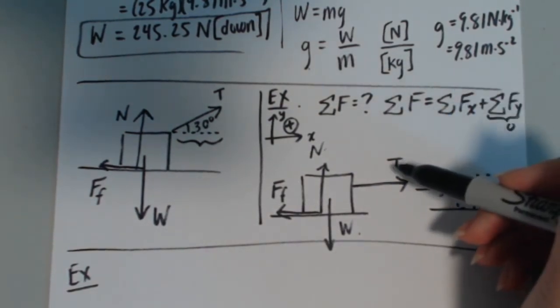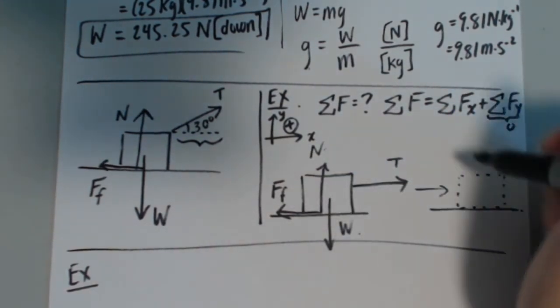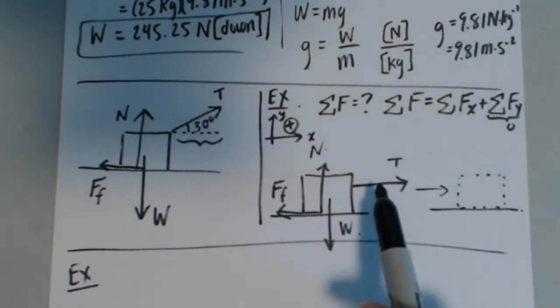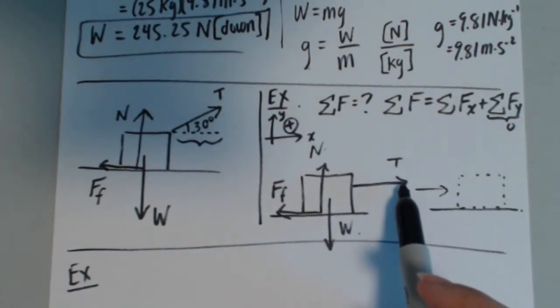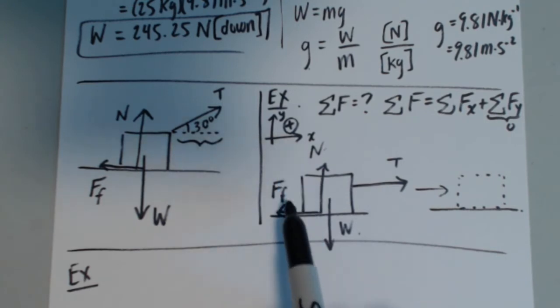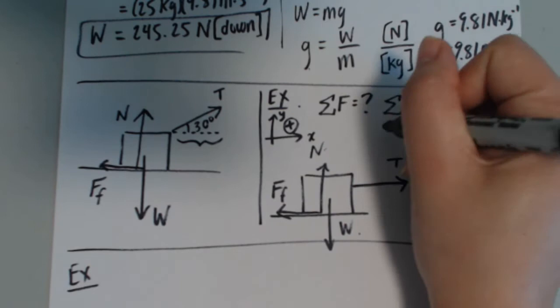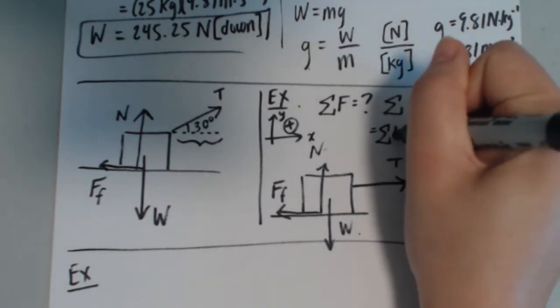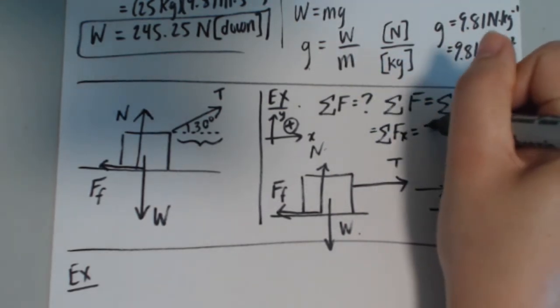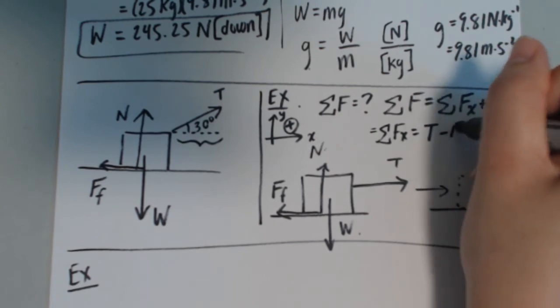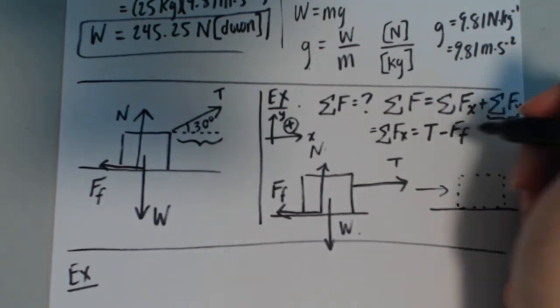In the x direction, I have tension and I have force of friction. But I have to keep in mind that there's different directions. Tension is going in the positive x direction, friction is going in the negative x direction. So when I calculate the sum of the forces in the x direction, this is going to equal tension, which is positive, minus force of friction, as it's in the negative direction.